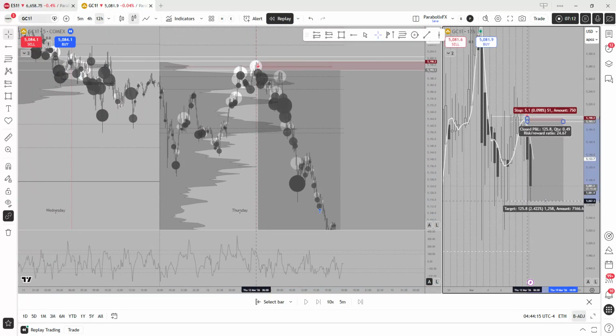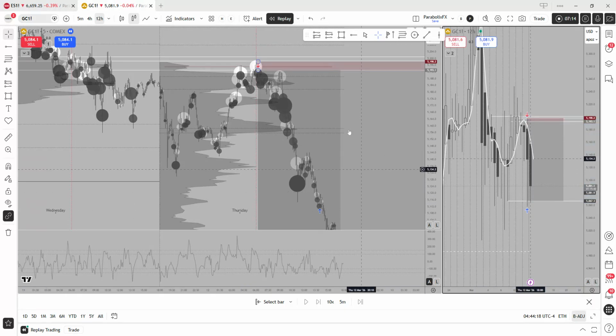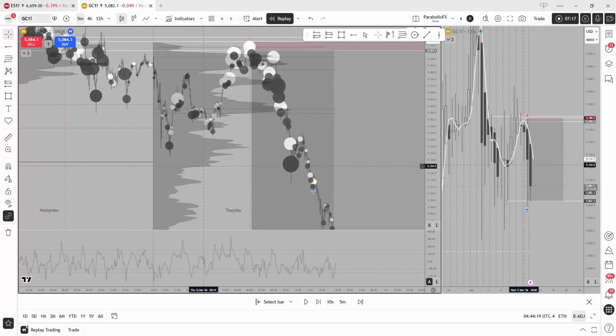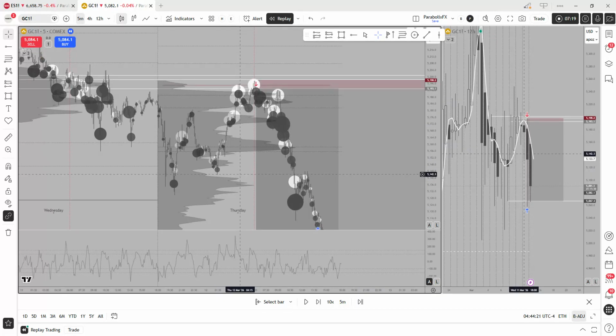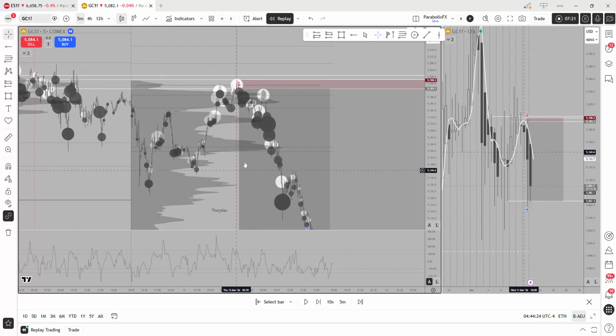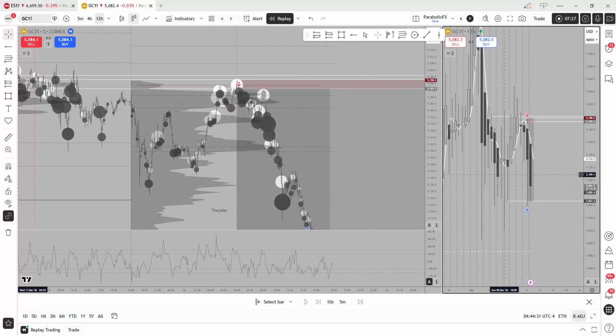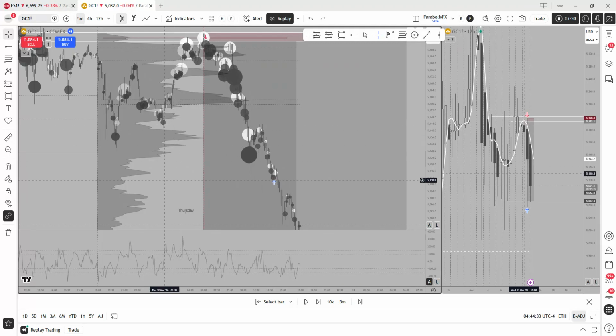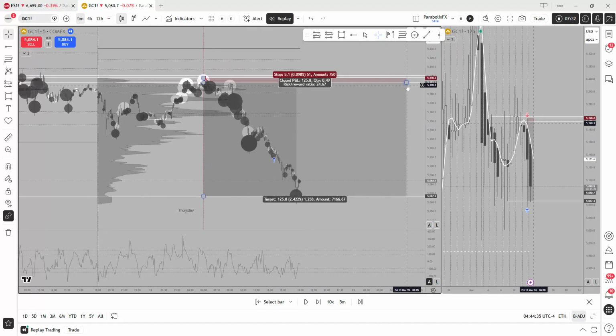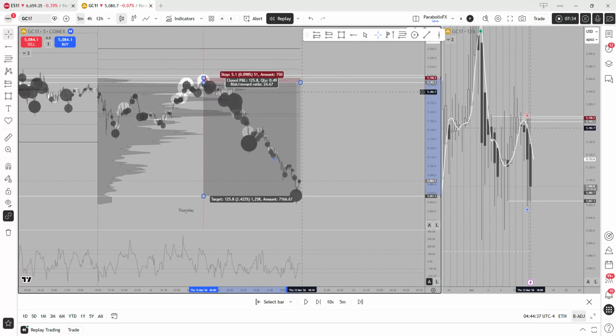Risk to reward on this trade is 24R, and it's effortless. It's not complicated. It's not a cowboy type of trading. There's a thorough process involved from A to B of what we are looking for to get into trades.